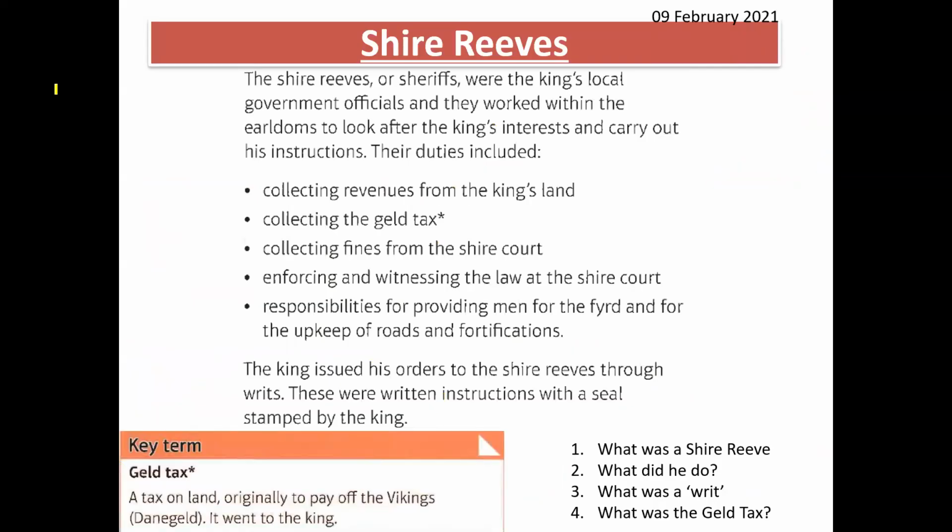So, okay, we've got the Shire Reeves. Thinking back to our American West unit that we not long ago completed, this term sheriff should be familiar to you.